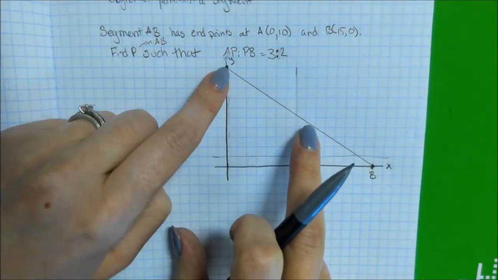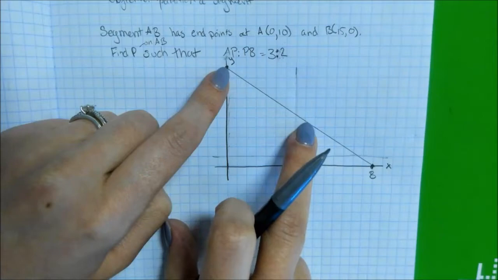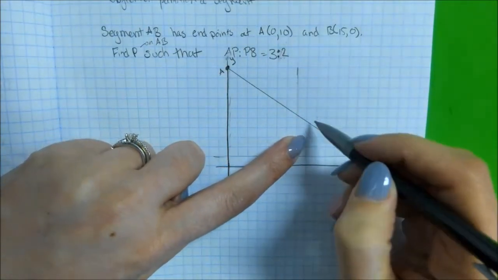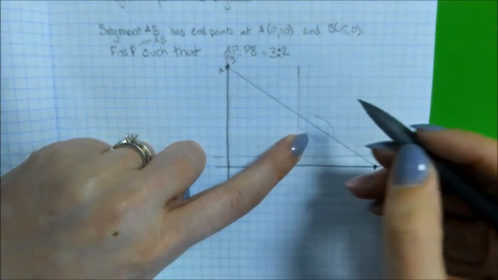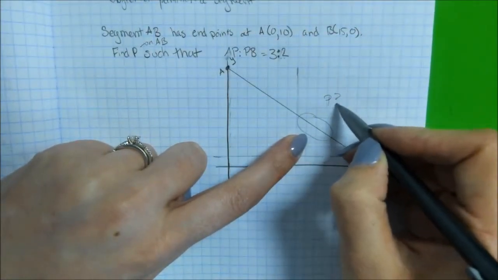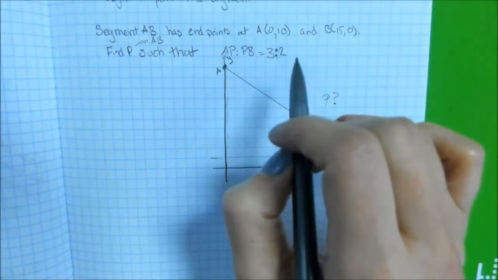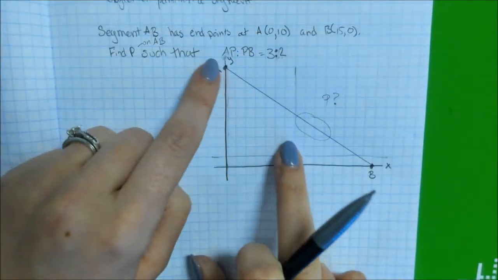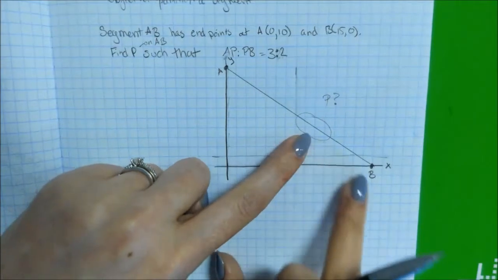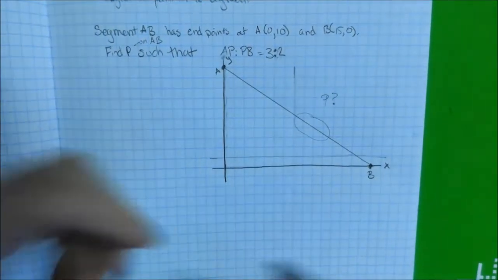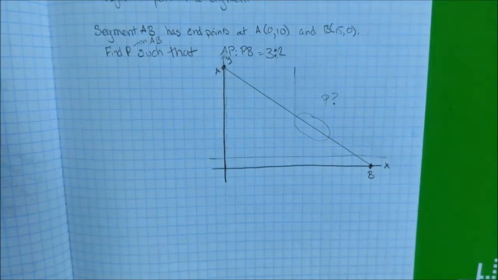That means the length from A to P will be longer than the length from P to B. So I'm thinking that P is going to be somewhere in this area right here. Okay, that's my estimate. Since it's in proportion of 3 to 2, AP is going to be a little bit longer than PB, but it's going to be somewhere close to the middle. So finding this exact point, that's a little tough. How am I going to do that?